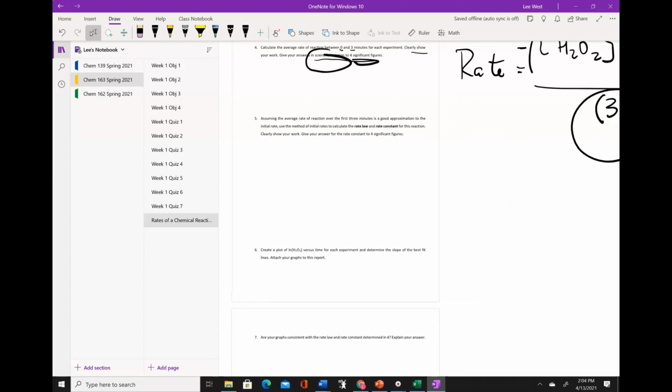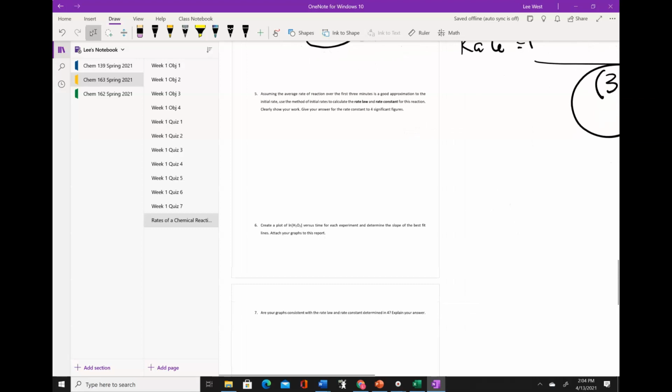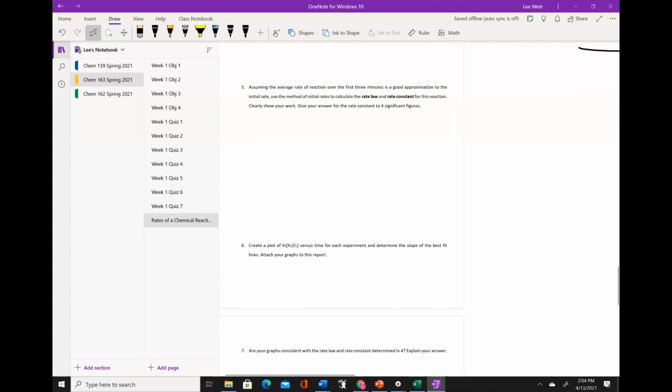Now, this is where it gets kind of interesting. It says you're going to assume that the average rate over the first 3 minutes is a good approximation for the initial rate. So really what we're saying is the hydrogen peroxide concentration is going to go down like that.